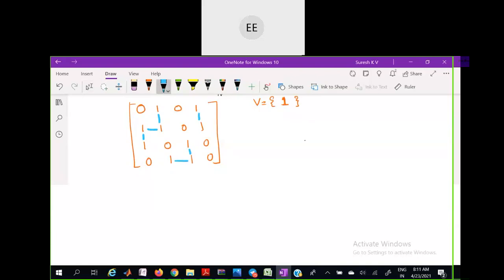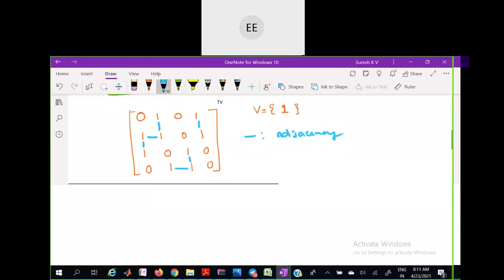The line here is telling that they are adjacent. Adjacency is shown by just drawing the line. So what I am showing on the picture now is for a 4 adjacent image, when V is equal to 1. I am checking whether the pixels are adjacent or not. So this is about 4 adjacency.